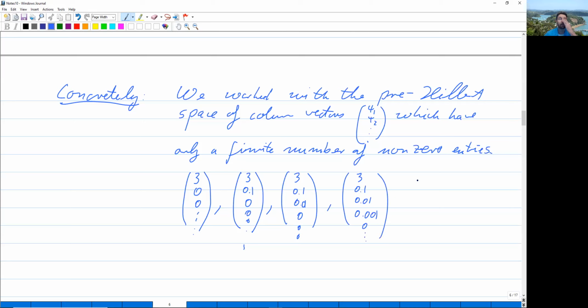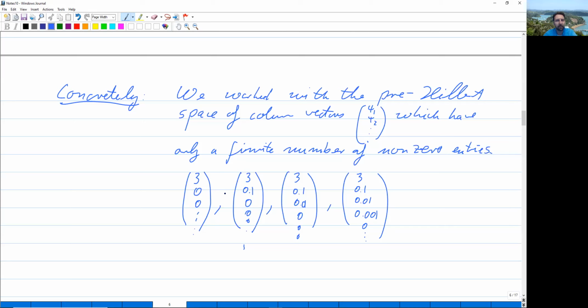You see how this is going, right? What we have here is a sequence of finite length vectors, and the distance between these vectors gets smaller and smaller, right? The distance between this and that vector arises from this 0.1 here, right?